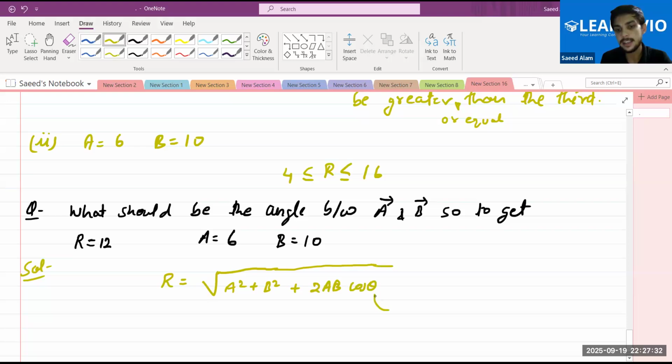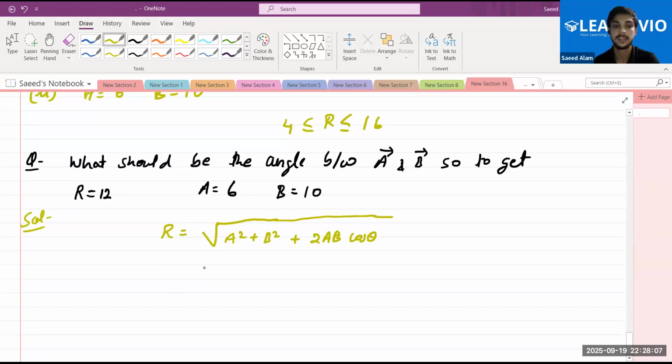And actually, I need this theta only, because theta was the angle between A and B. The good thing about this formula is that I know R, A, B, and 2AB. So theta is the only one left out. So can we solve it from here?